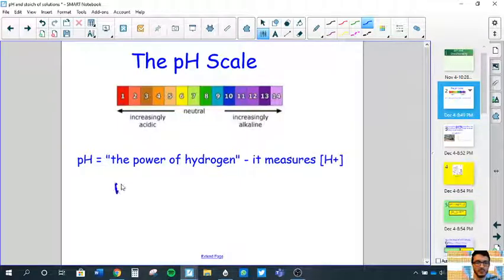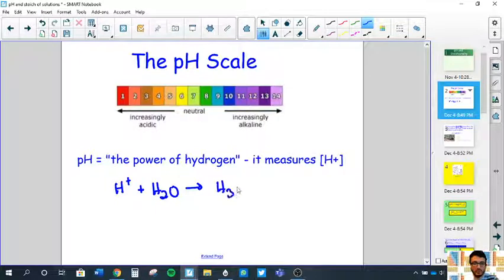When an acid dissociates, and we'll talk more about acids later, it produces what you've heard in the past as hydrogen ions. Hydrogen ions are so reactive that in the presence of water, which they will be in, they will create what's called hydronium, H3O+. And notice this exists in a 1-to-1 ratio.